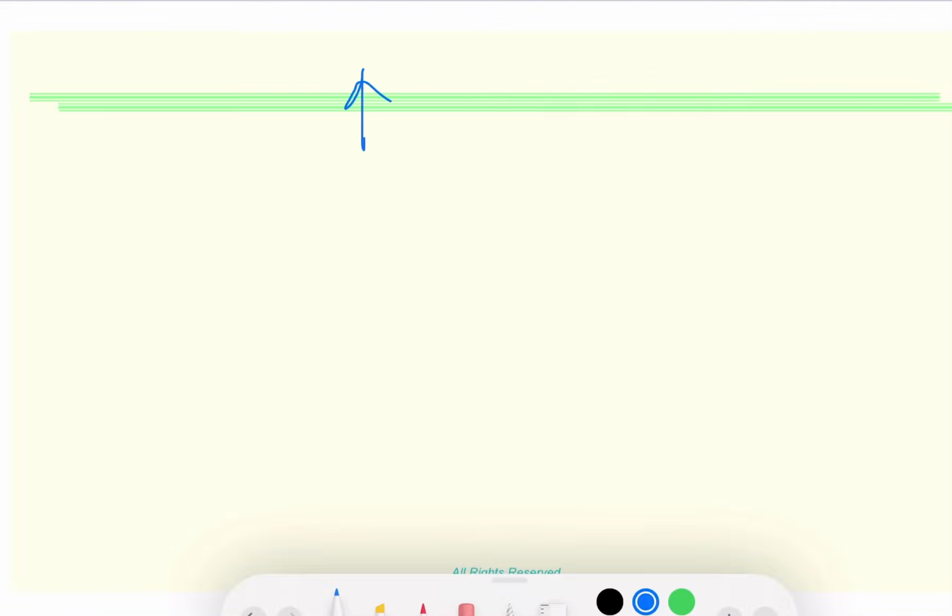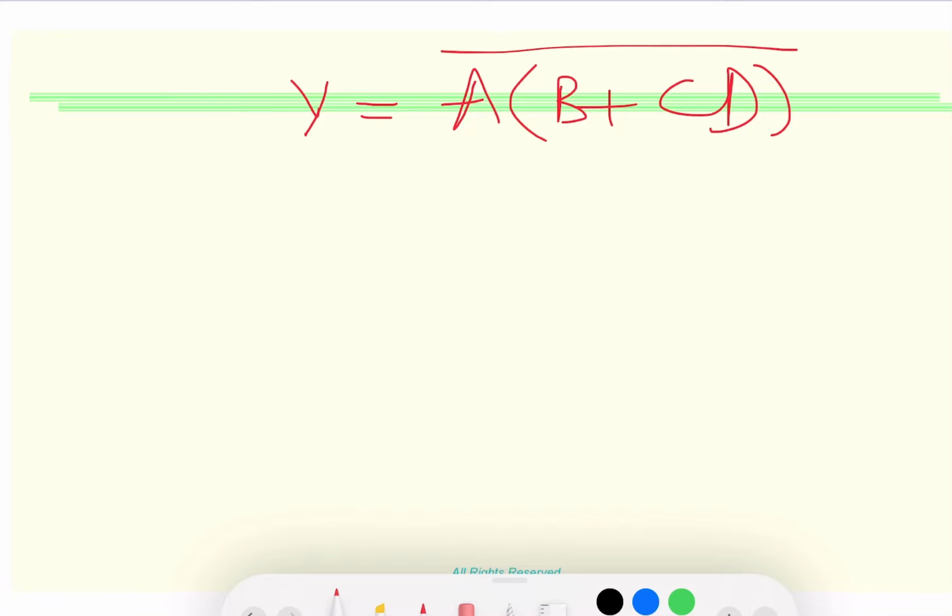Let me write down the logic that needs to be implemented, which is Y equals complement of A, B plus C, D. We can straight away have a parallel network where we put A to come together on the other branch. So this is AND between these two.